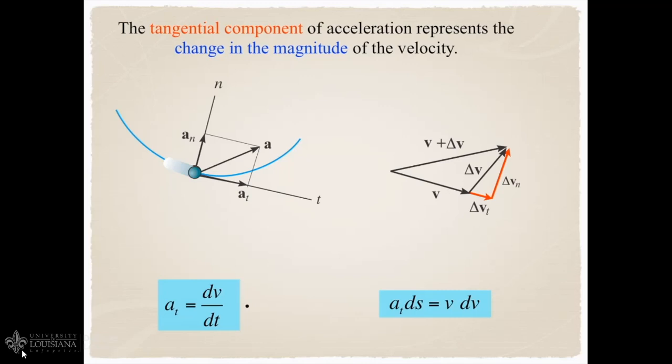Now realize that since v is equal to ds divided by dt, or actually dt is equal to ds divided by v, then I can substitute that in for dt here, and I can cross multiply and write this equation in this form. In other words, I've eliminated dt here, and I have an equation which relates the variables a_t, s, and v. And of course, these two equations are similar to what we had for rectilinear motion.